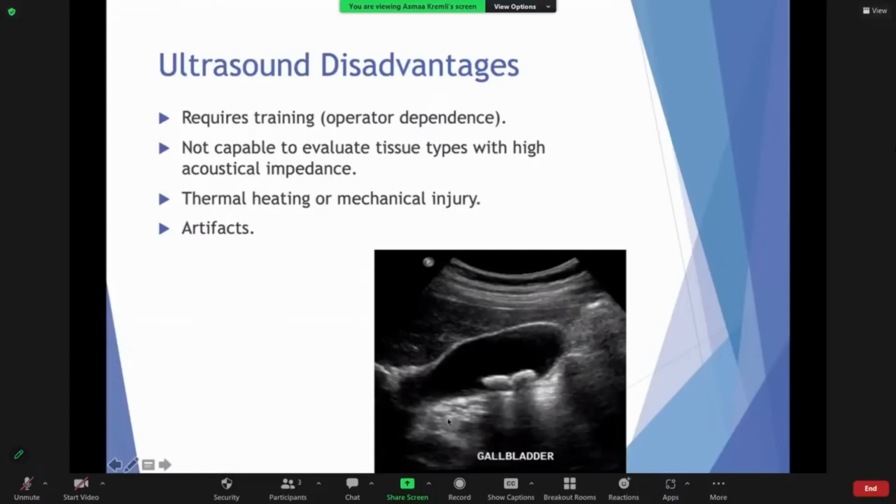Enhancement means this white or light gray color. When we have a stone or calcification, it will cause shadow. So this is one example of an artifact. An artifact is something that is not desirable, or that we don't want to be shown in the ultrasound.